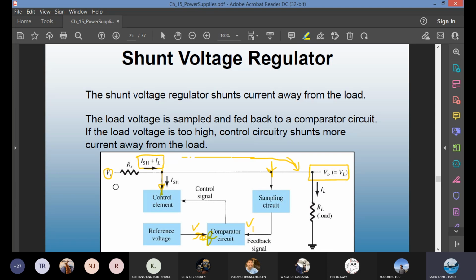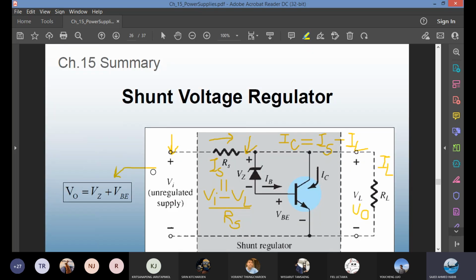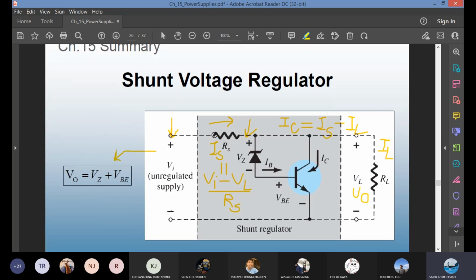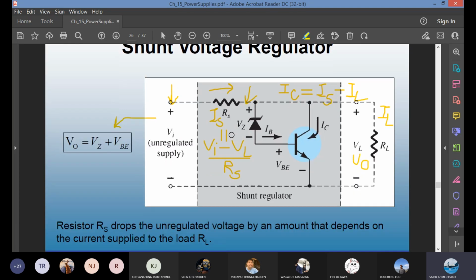When the load current is normal, there will be no shunting. This current is I shunt plus I load. IS is actually in this circuit shunt and load. Thank you, teacher. Welcome.